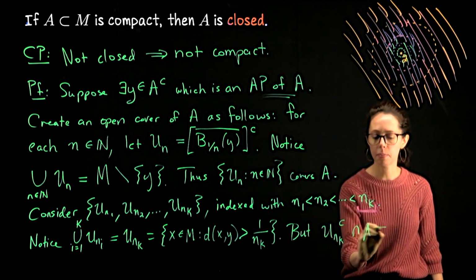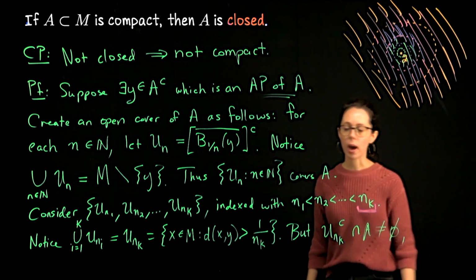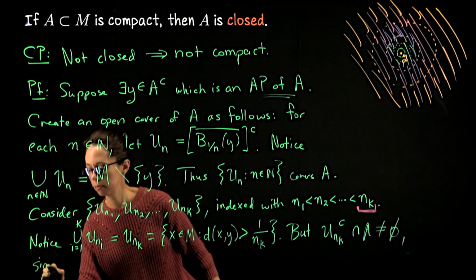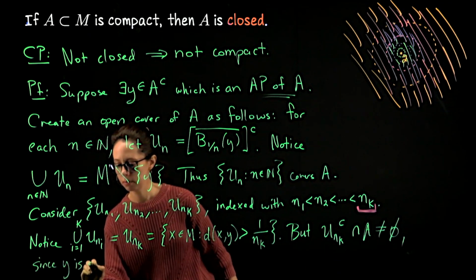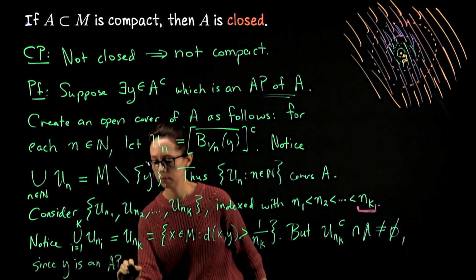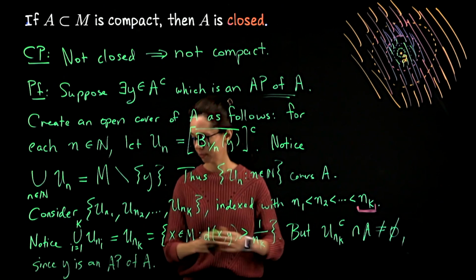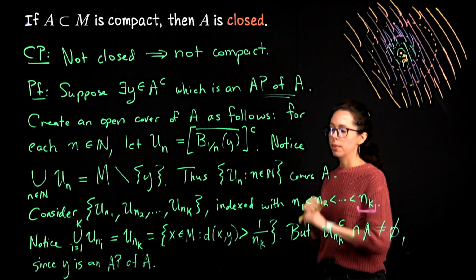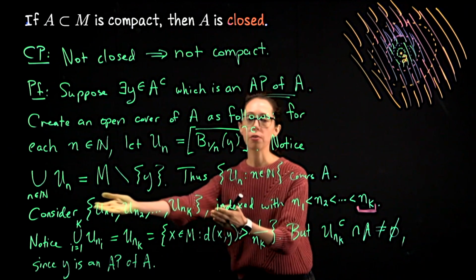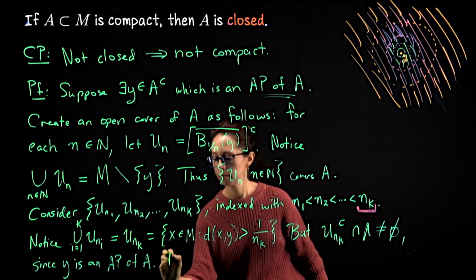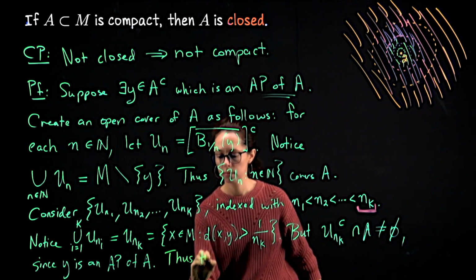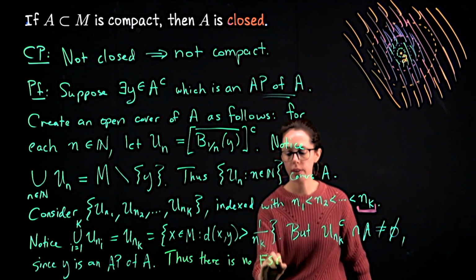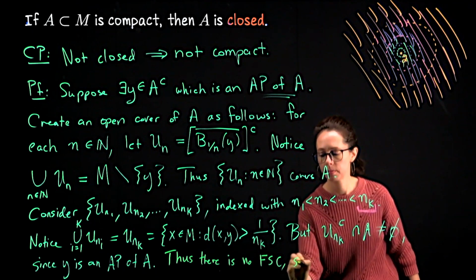Intersect A is non-empty since y is an accumulation point. Thus, there can be no finite subcover, so A is not compact.